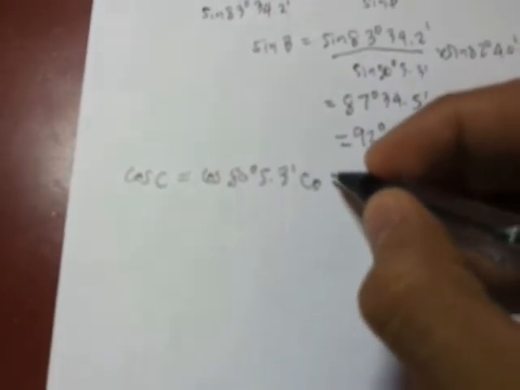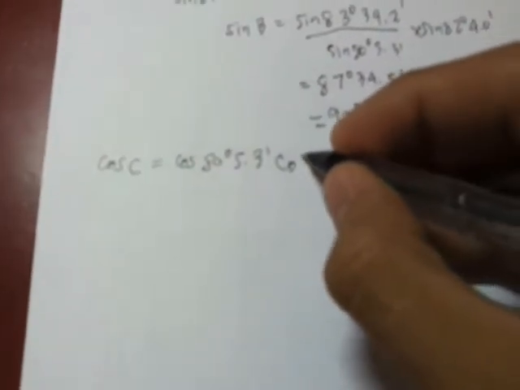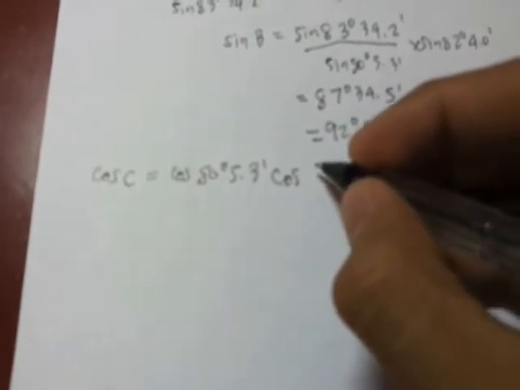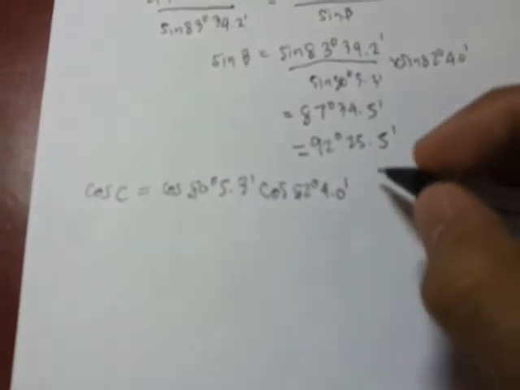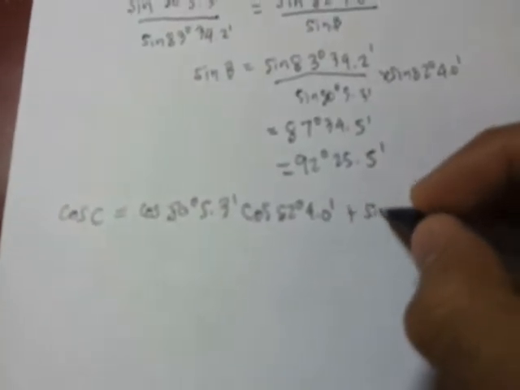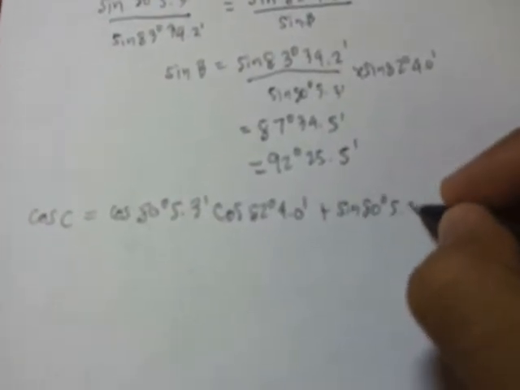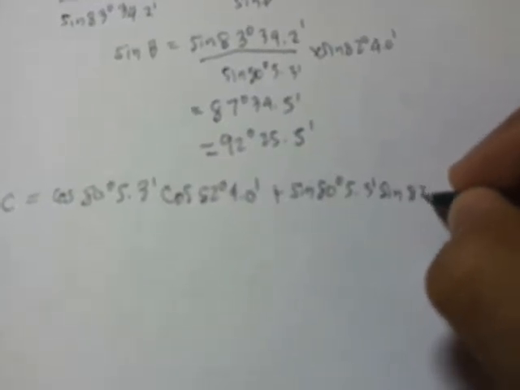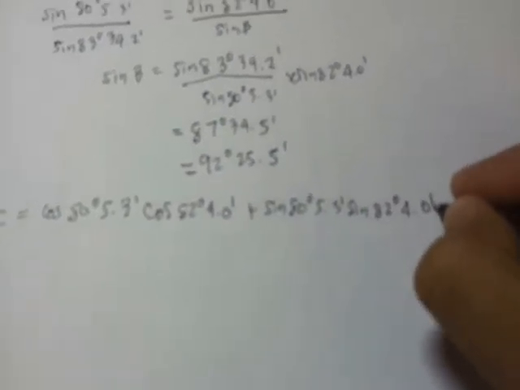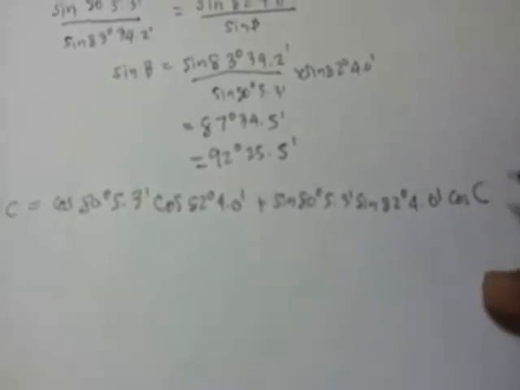Remember that it has to be the two sides that are given, 4.0 minutes, plus sine 80 degrees 5.3 minutes, sine 82 degrees 4.0 minutes, and cosine of big C.